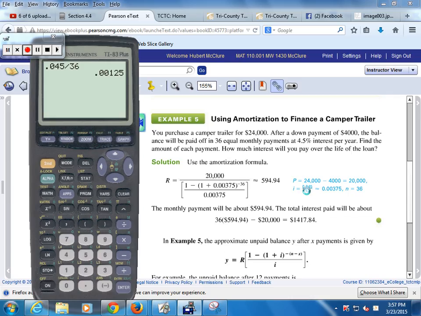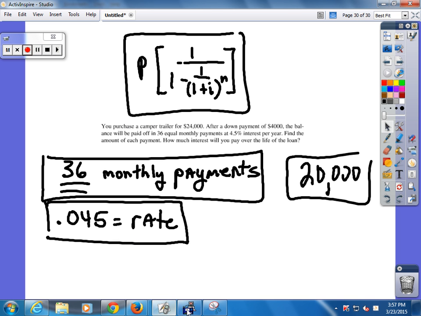0.045 divided by 12. Oh, okay. I'm sorry. Where did I get 36? My bad. It must be I is equal to R over N, not R over NT. I did R over NT. So that would be 0.045 divided by 12. Let me go back to my formula.